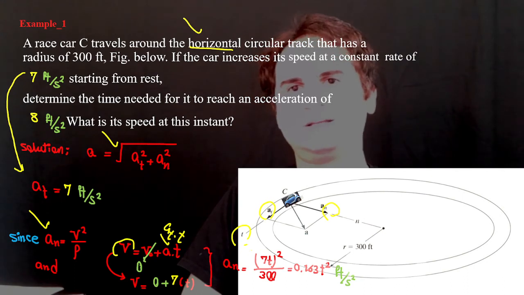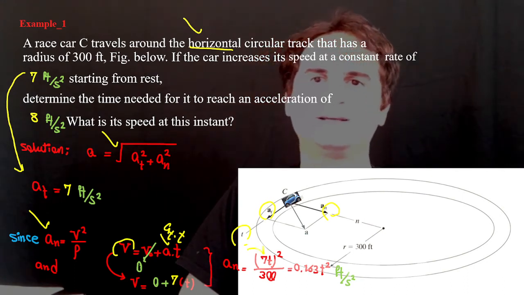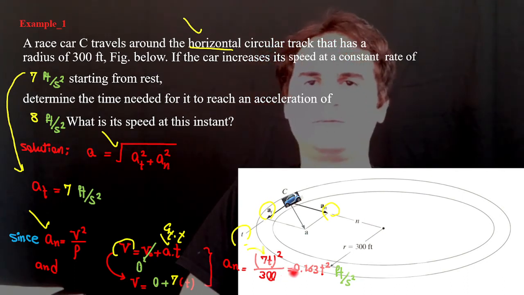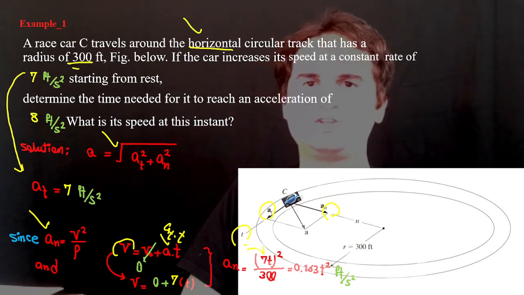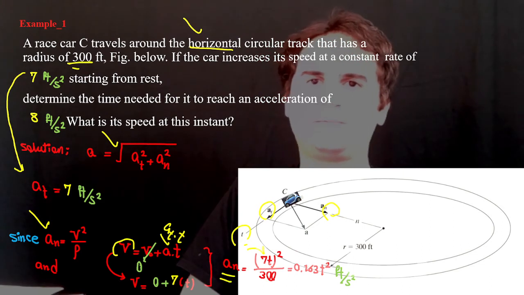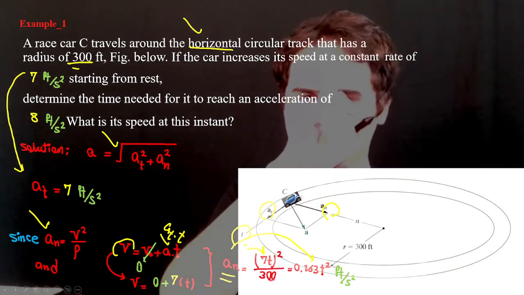If you replace it in here, it's 7 times t in parentheses squared over rho, which is provided to be 300. It gives us an like a parametric equation of 0.16 t squared feet per second squared.